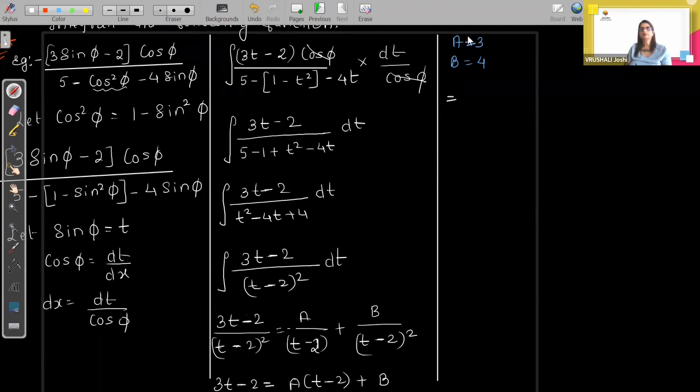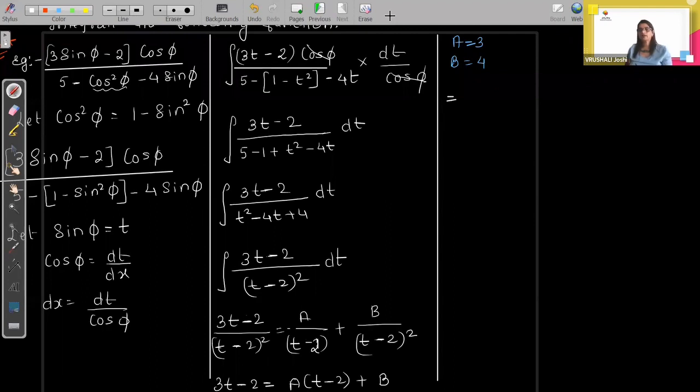One second. Okay. Let's start writing this again. ये कैसे आएगा? So we can write this as integration of 3t minus 2 divided by t minus 2 the whole square dt.